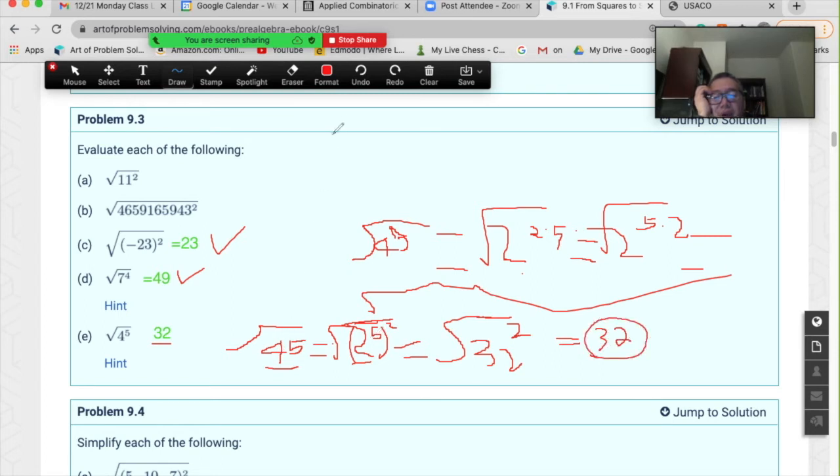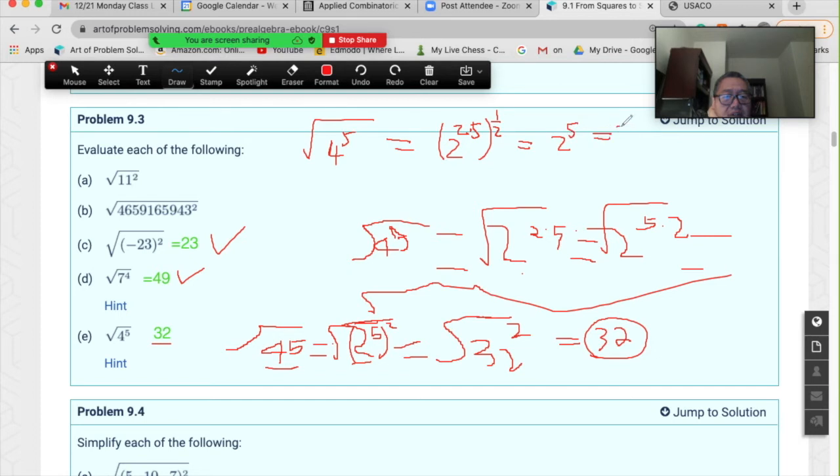One way you can write this one: 4 to the power 5, square root. This one actually equals 2 to the power 2 times 5. Then square root is actually power 1/2. Then you multiply these powers together. 2 and 1/2 cancel out. You get 2 to the power 5.